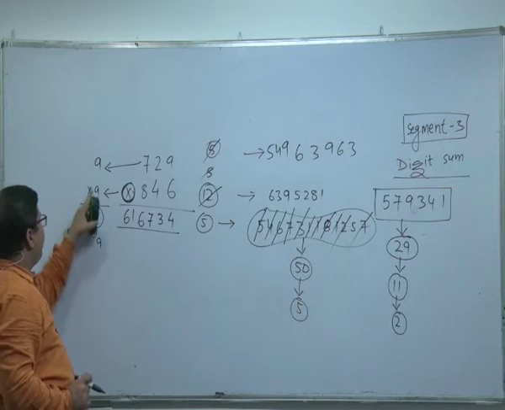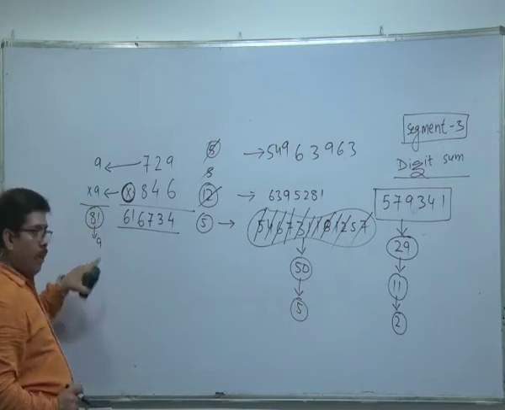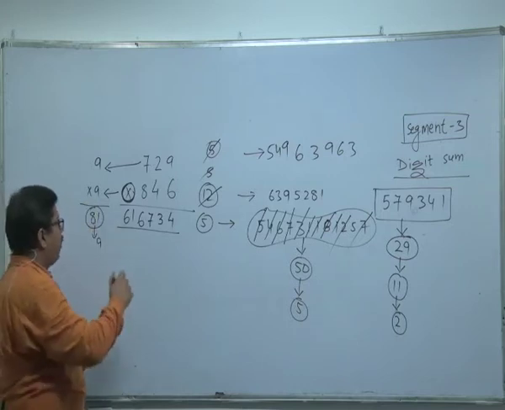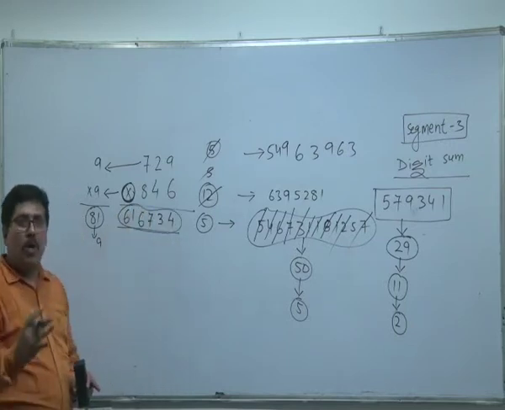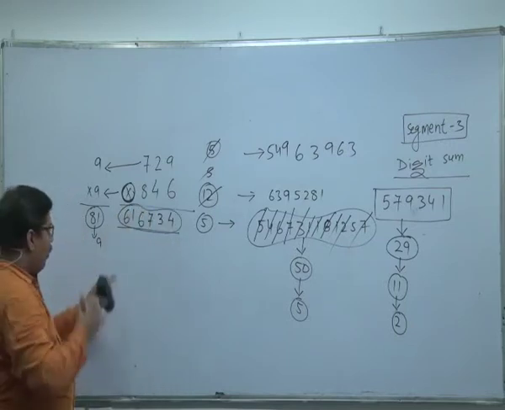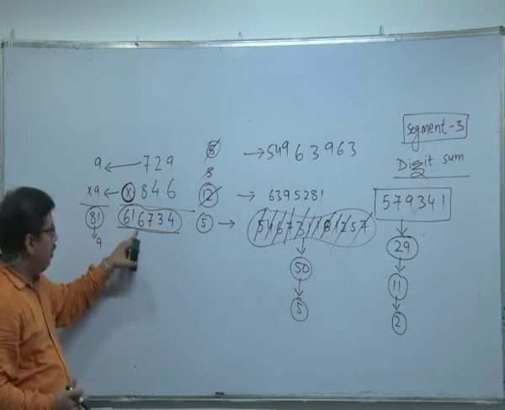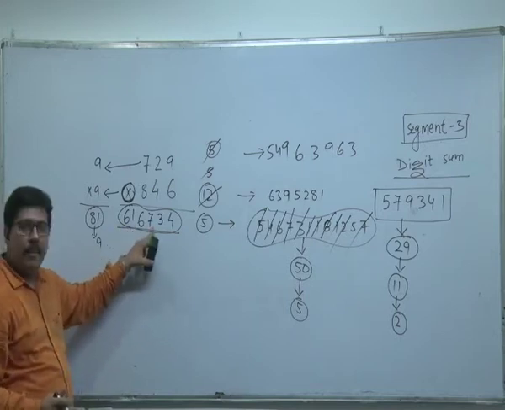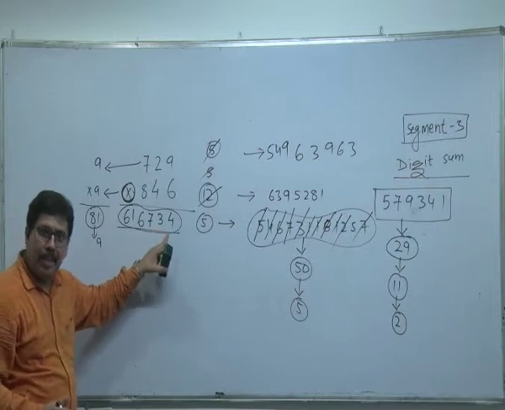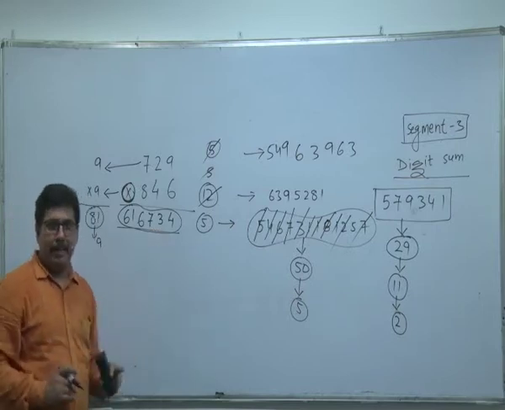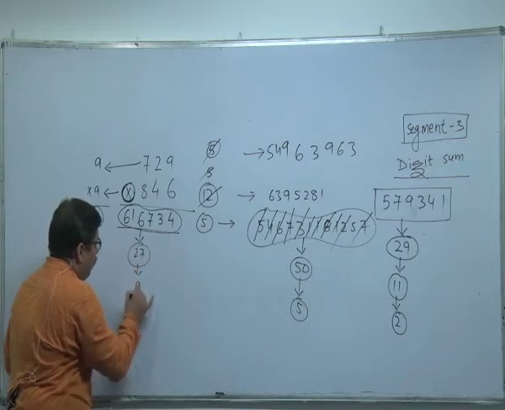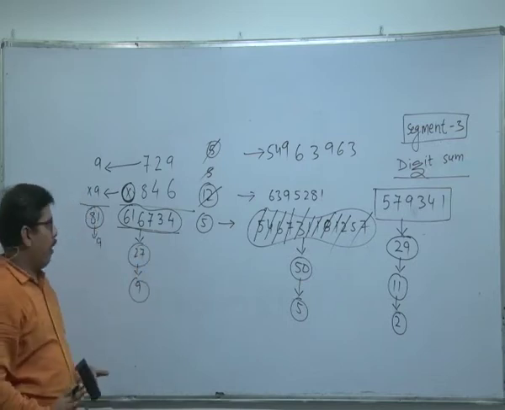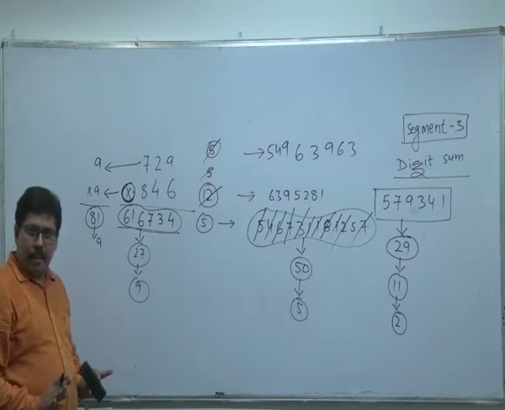Right. So 9 into 9 is 81. 81 is 9. Now just cross check whether the digit sum of my result is 9 or not. 6 plus 1 is 7, 6 is 13, 7 is 20, 23, 4 is 27. 27 is 9. So my final result is correct.